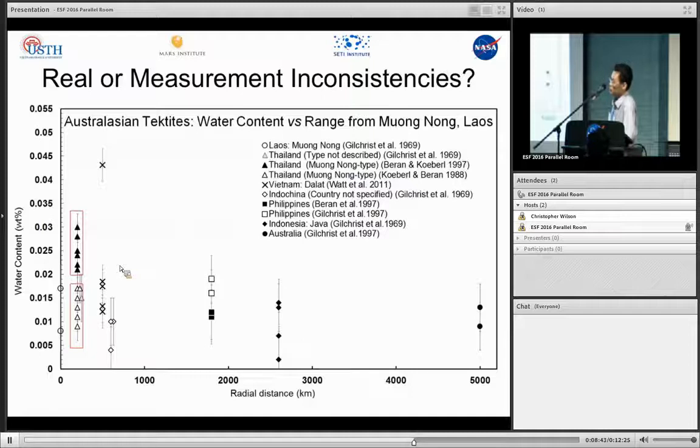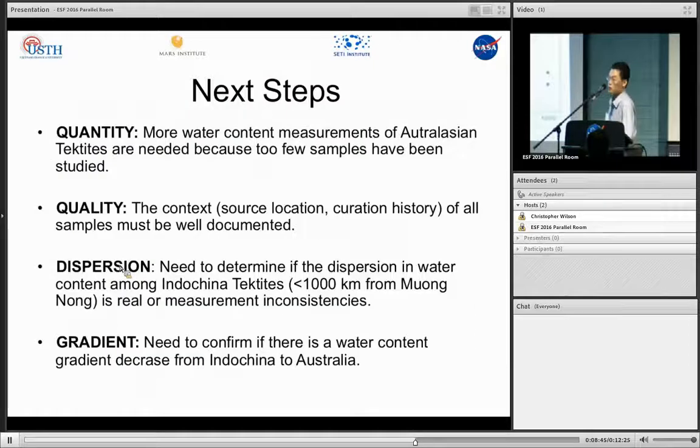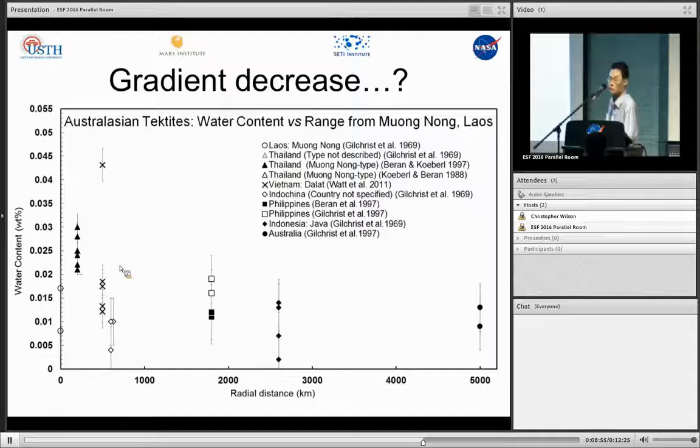And the final one, we also need to determine if there is a water gradient decreasing from Indochina to Australia, like this, where we have a decrease. People often argue that the Muong Nong tektites were formed near the impact site, so they have higher water content than other types of tektite.